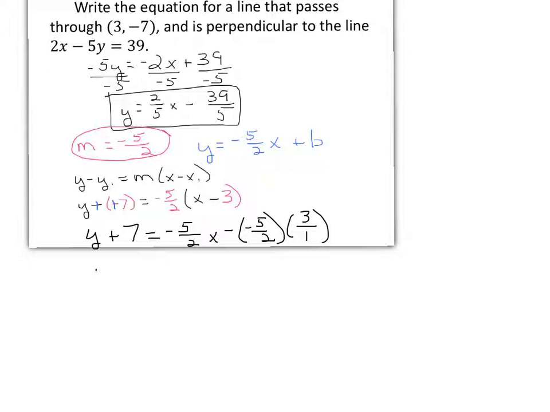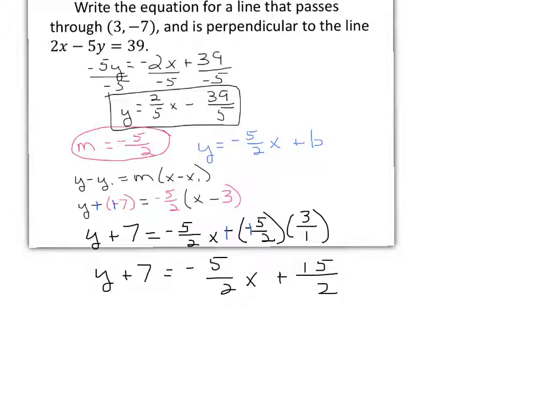So that gives us y plus 7 equals negative 5 halves x plus, because minus a negative is plus a positive, so we have plus, and then the numerators make 15 and the denominators make 2.